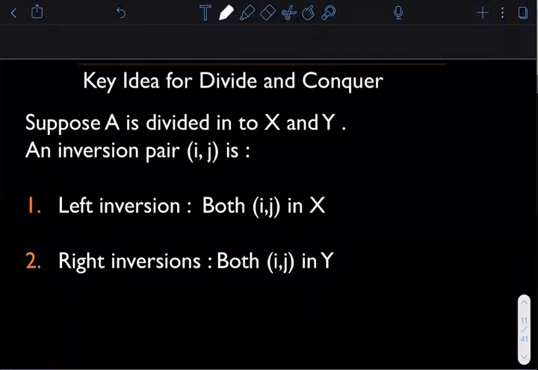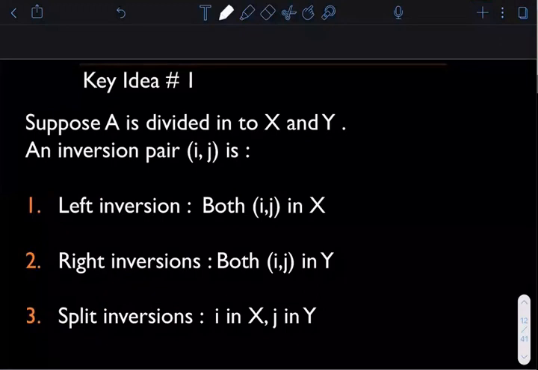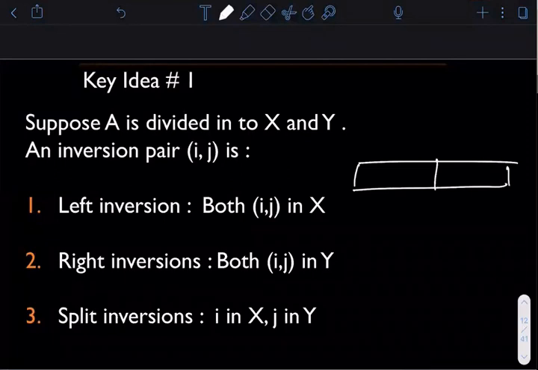Okay. And then there could be a third category of inversion. I think many of you have already guessed what the third category is. So suppose again, this is my array. That's my X and that's my Y. The third category of inversions are those for which i belongs to the left side and j belongs to the right-hand side.